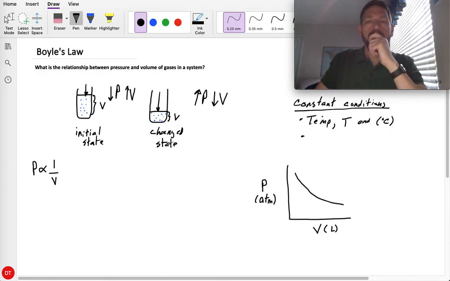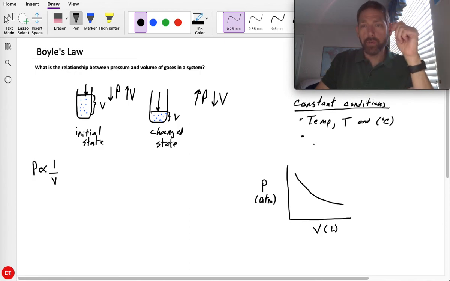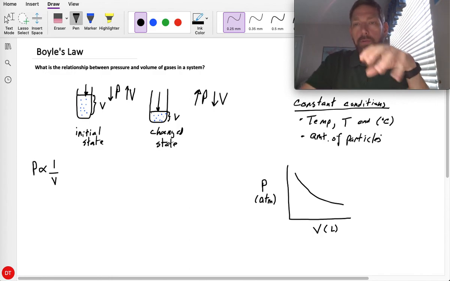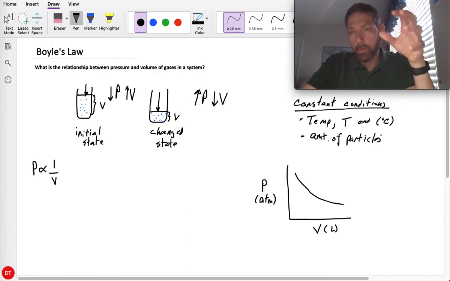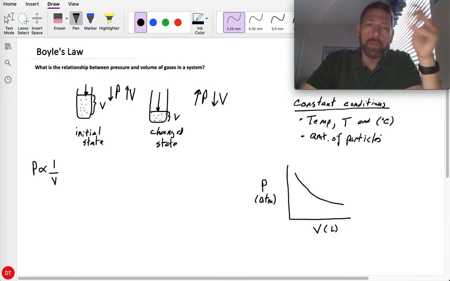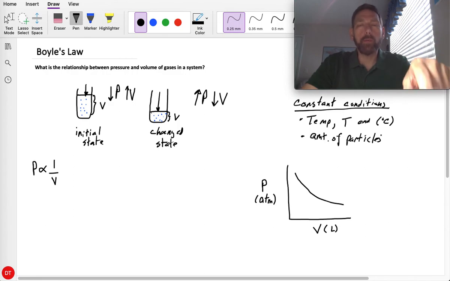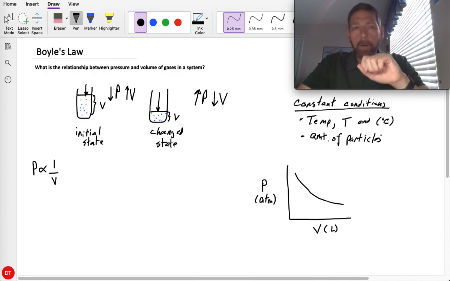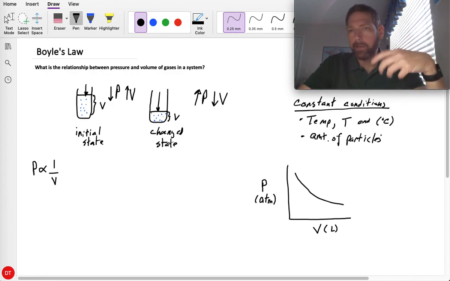Now, let's think about our conditions here. What else was constant besides temperature? It had to be the amount of particles. And in chemistry and physics, when we talk about the amount of particles, you guessed it, you're always talking about moles. So even though in this example here I only drew 10 dots to represent 10, say, molecules, we're really talking about moles.